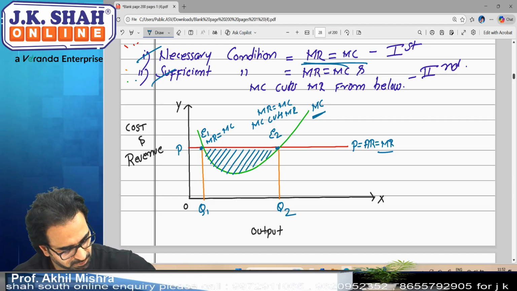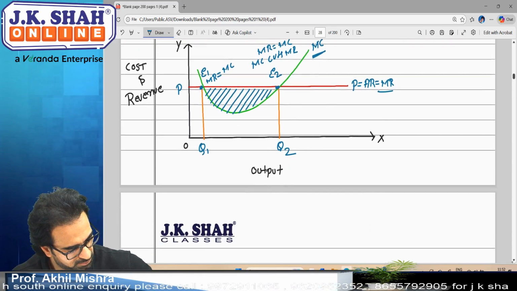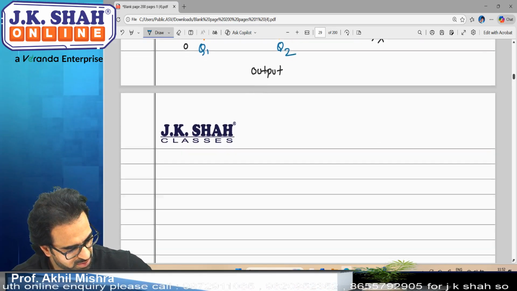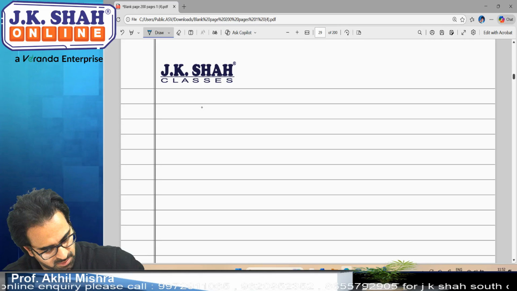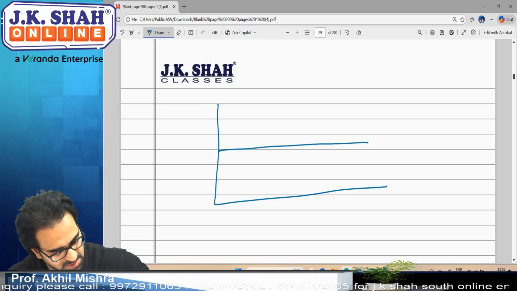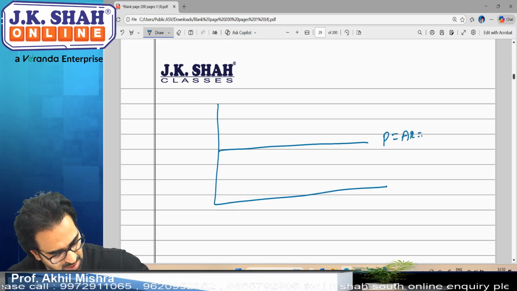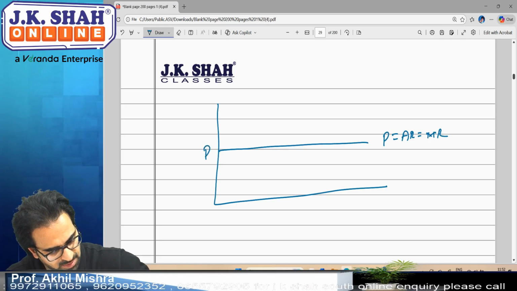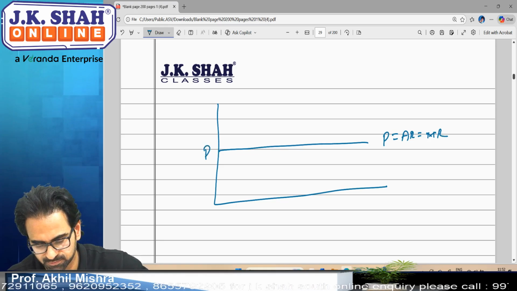See, let us scroll up. Necessary condition is what? If you have written that, this is a PC market. PC market why? Because in a PC market price is equal to average revenue is equal to marginal revenue. Now, the first condition is what?